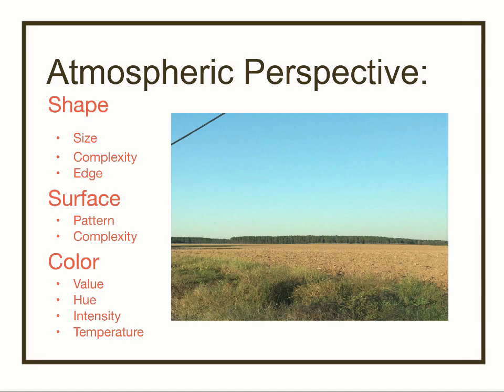So the predominant temperature is going to be either warm or cool in the foreground, depending again on the light and the time of day. And it will flip and go to the opposite as you go to the background. So if your foreground is predominantly warm, the background's going to be predominantly cool. If your foreground is predominantly cool, the background is going to be predominantly warm. So it's going to change and shift as you go back into space.